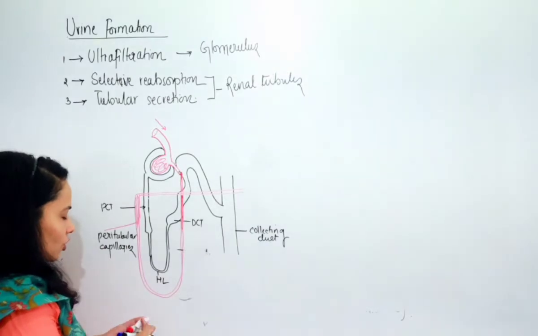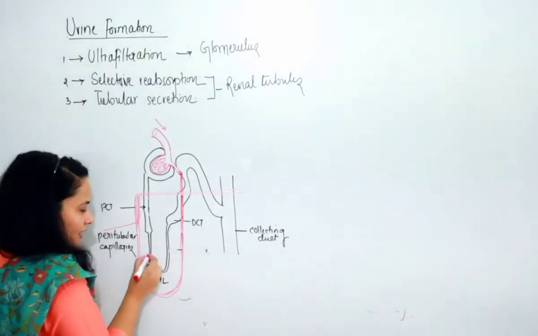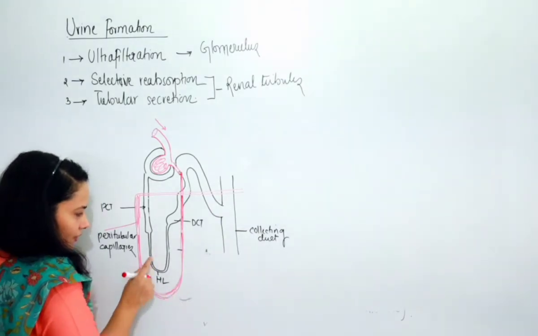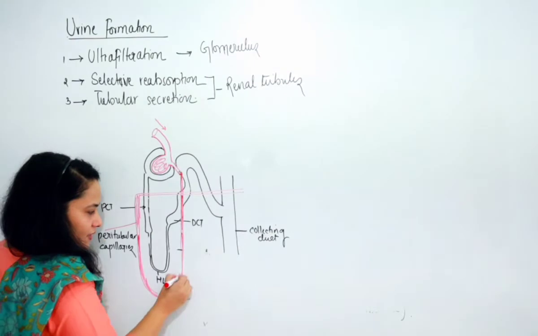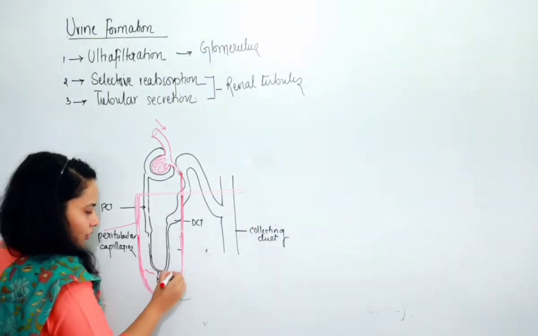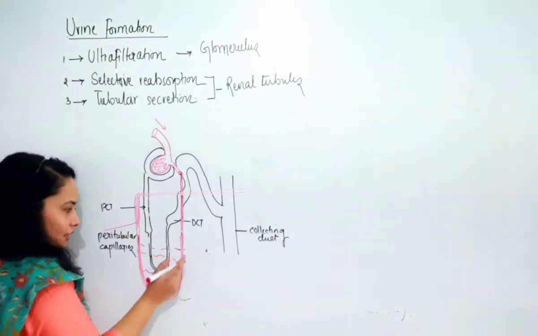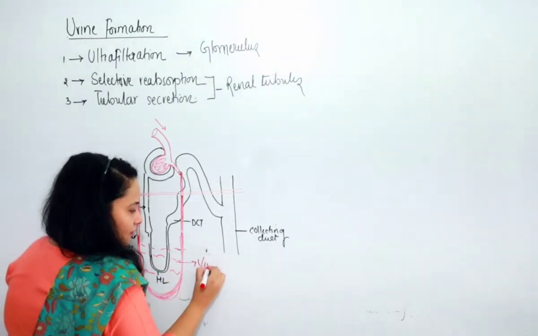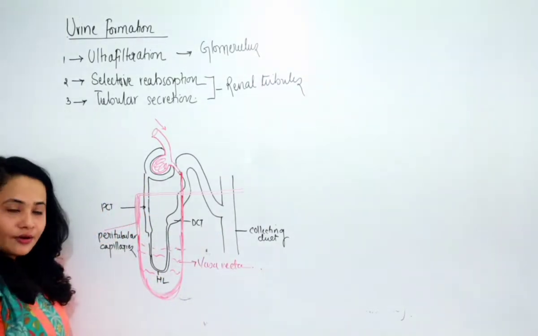Whereas the capillaries surrounding the Henle's loop, I am talking about all these capillaries, are known as vasa recta.